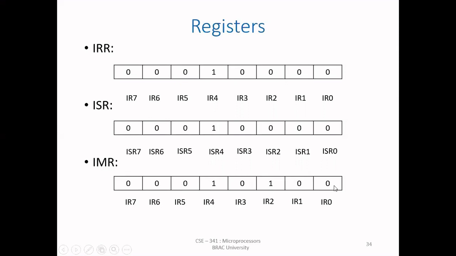So in this figure we can easily understand that IR7 is enabled, IR6 is enabled, but the IR4 interrupt is disabled. That means this pin will not take any interrupt request from the device connected with the pin IR4. Okay.